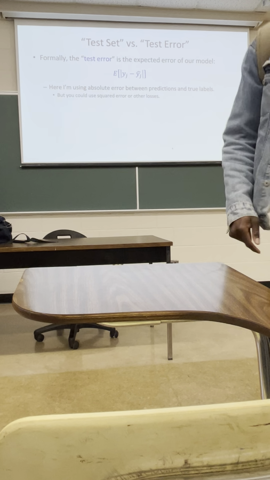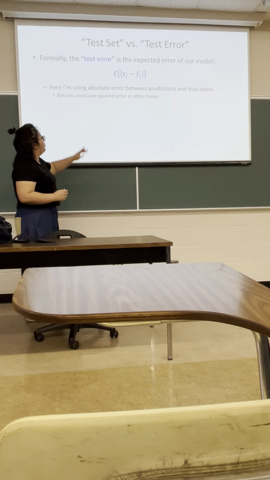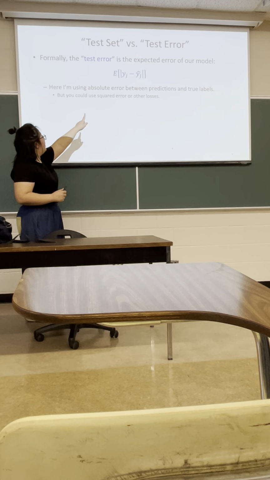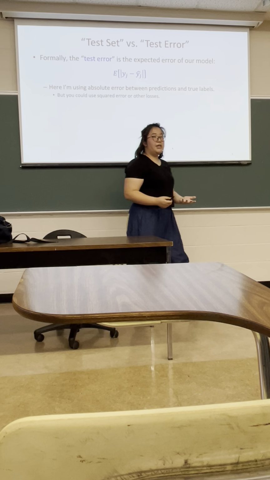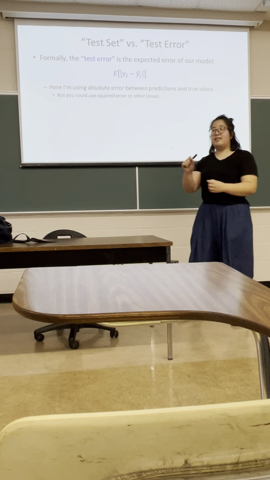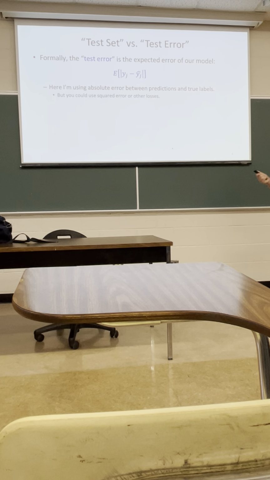Here is the test error. Let's start from a very easy one: the absolute error between the label you predicted and the label of the test data set. Of course, this can be substituted with whatever formula can represent the difference between two values.